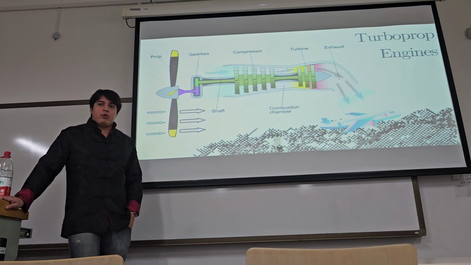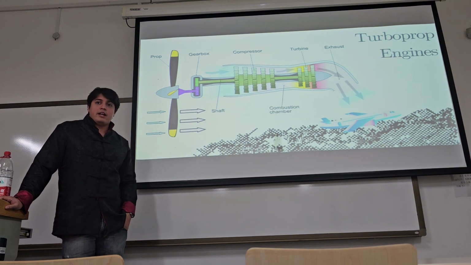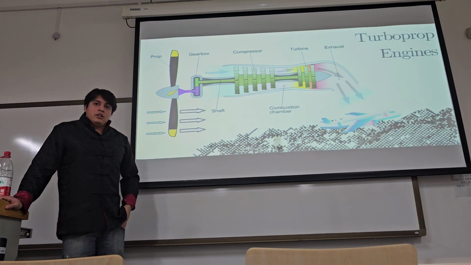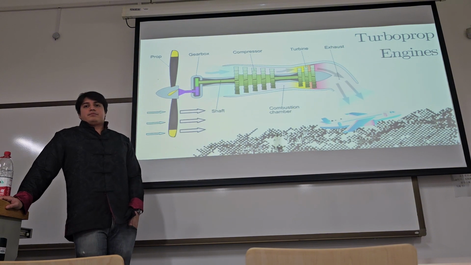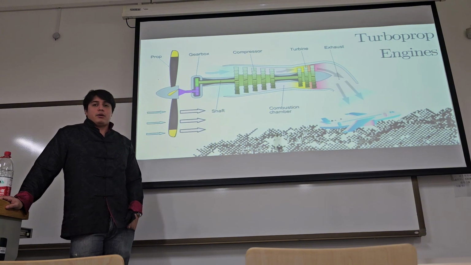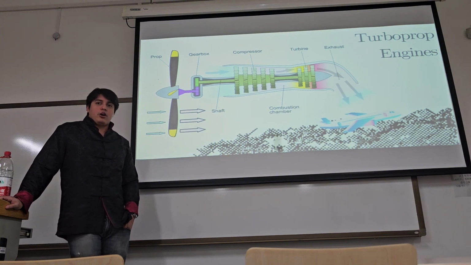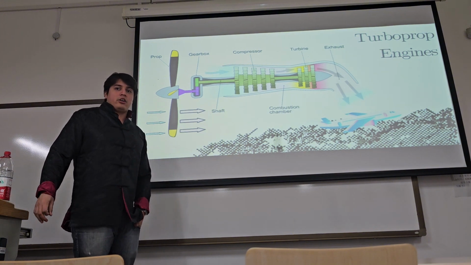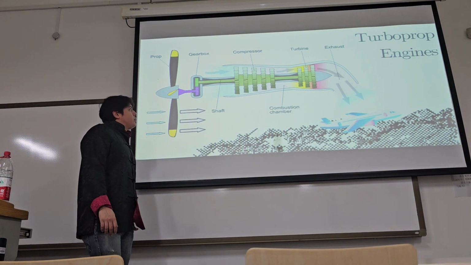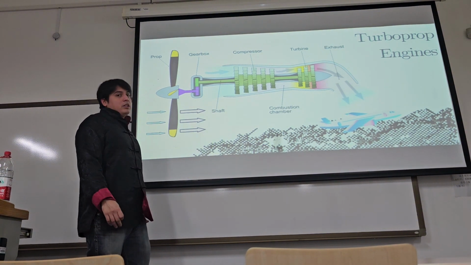These engines power a propeller using a gas turbine engine. The turbine rotates a shaft, we can see here, connected to a propeller, generating thrust by moving large volumes of air back. Turboprops are highly efficient at lower speeds and are commonly used in regional and smaller aircraft, as we just mentioned.